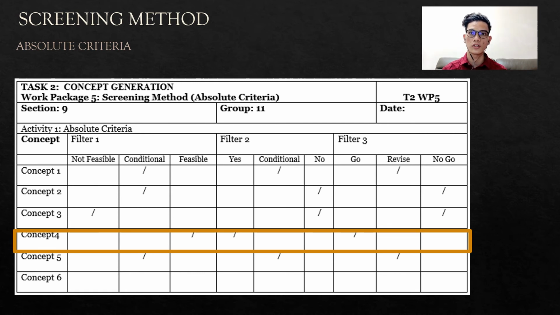So concept 4 is the best concept among the others, and it is worth developing further. It has also achieved technology maturity and doesn't need to undergo further research. And finally, concept 4 has also met the customer requirements framed in the quality function deployment and the PDS.